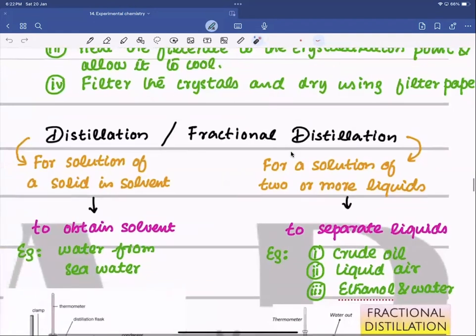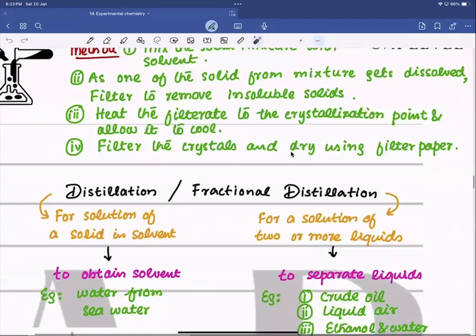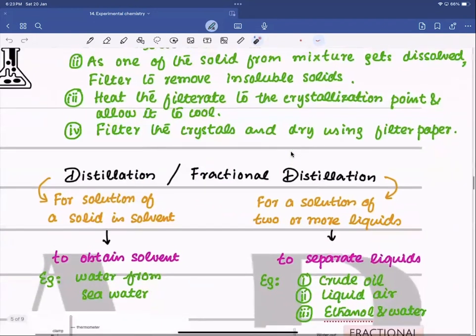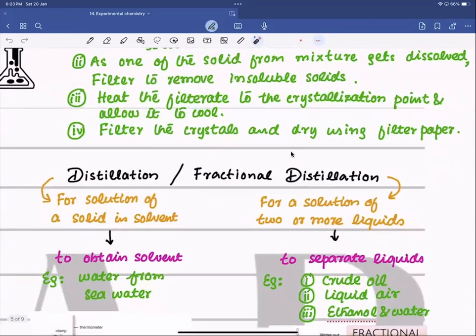Now we have another process called distillation and fractional distillation. The difference between distillation and fractional distillation: both occur in the same way, but there is a difference in when we do each.